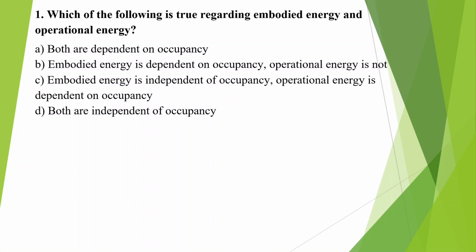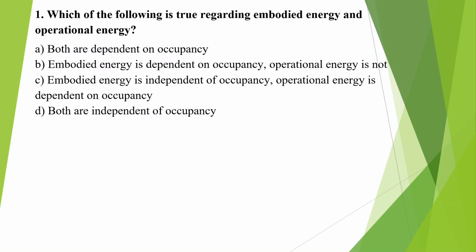Which of the following is true regarding embodied energy and operational energy? Both are dependent on occupancy; or embodied is dependent on occupancy and operational is not; or embodied energy is independent of occupancy but operational energy is dependent on occupancy; or both are independent of occupancy.